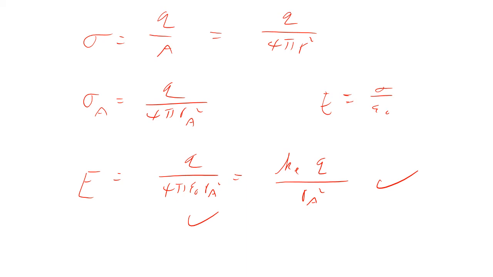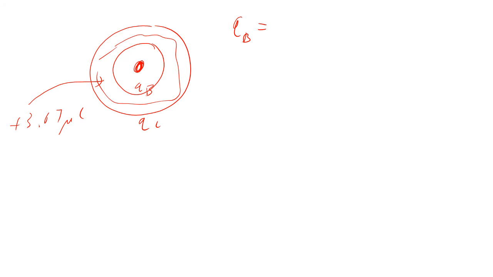Okay. So let's go one step further. Now we have this sphere inside of this conducting spherical shell. We know that we had put a total charge on the outside here of plus 3.07 microcoulombs. But we already just figured out that's going to be split between QB and QC. So QB, we just calculated before, was equal to plus 1.65 microcoulombs.